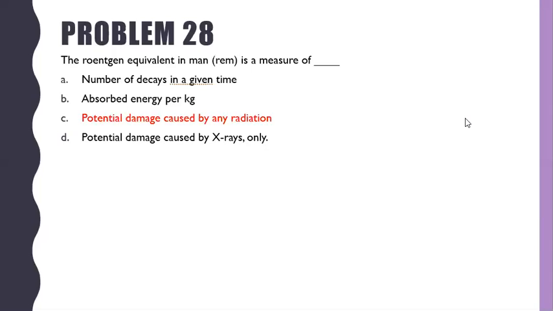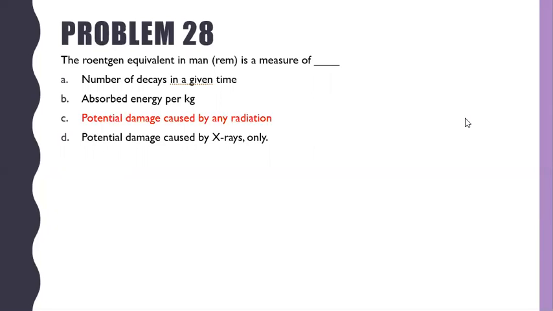Last problem. Roentgen equivalent in man. You should be familiar with those parts that we were doing at the end of topic 7 about absorbed dose. That's the amount of energy that's absorbed. And then when you multiply by the RBE, the relative biological effectiveness, then you get the equivalent to what X-rays would do.